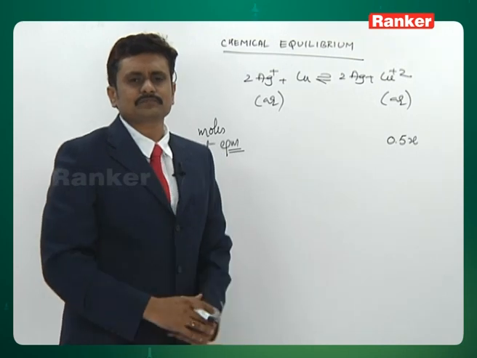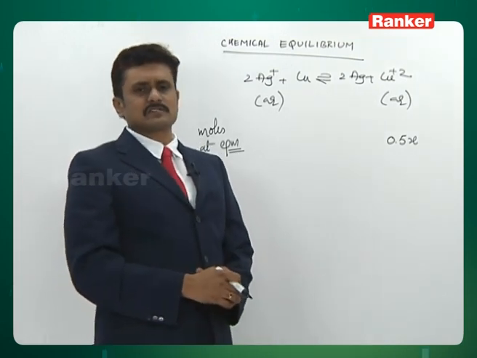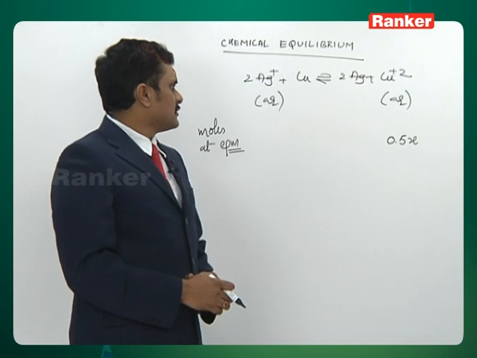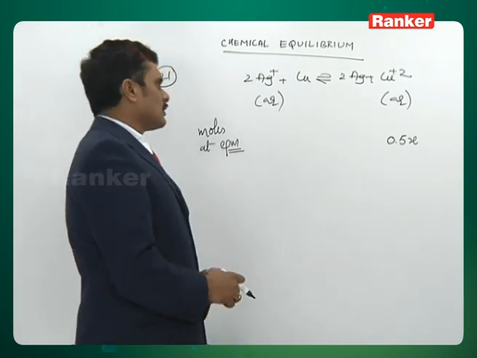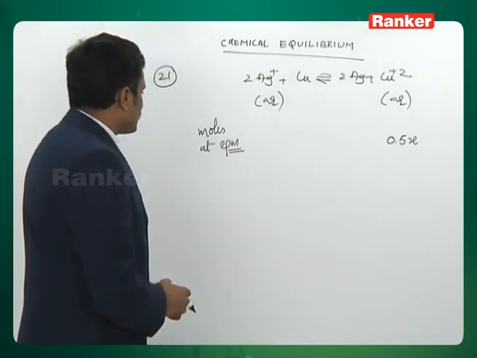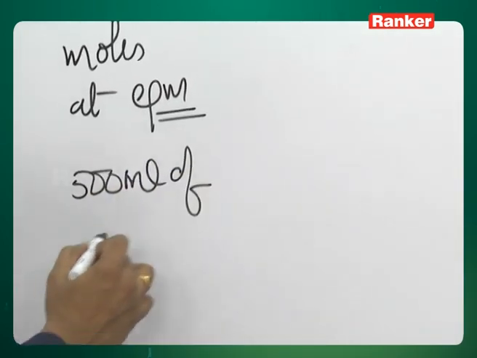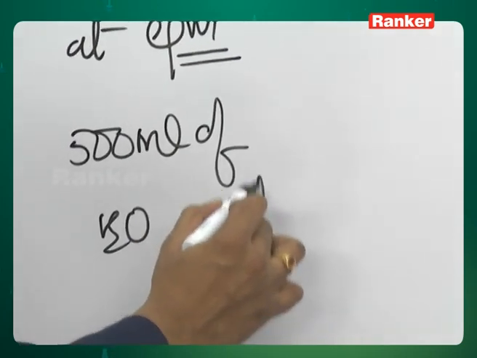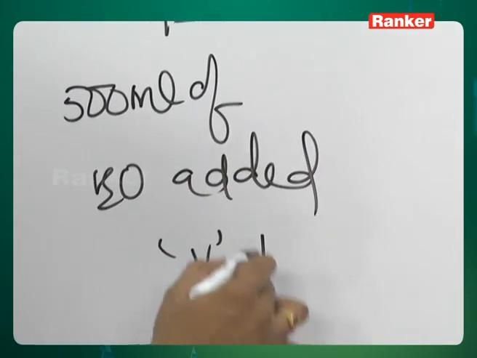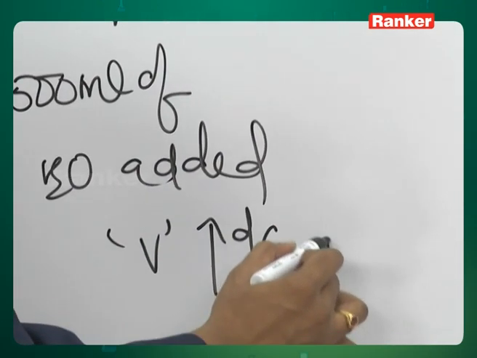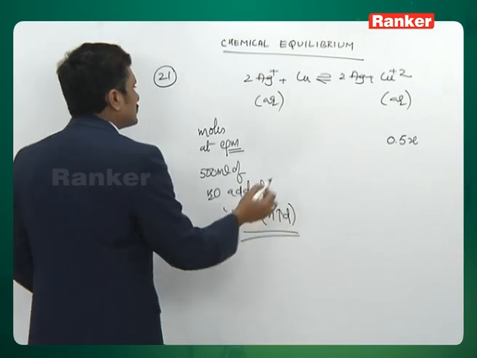Now it is given, at equilibrium, what will be the concentration of Cu2+ when I have added 500 more ml of water. Now when I am adding water here, that means when volume is increased, as we know that equilibrium shifts to that side where the moles are more.